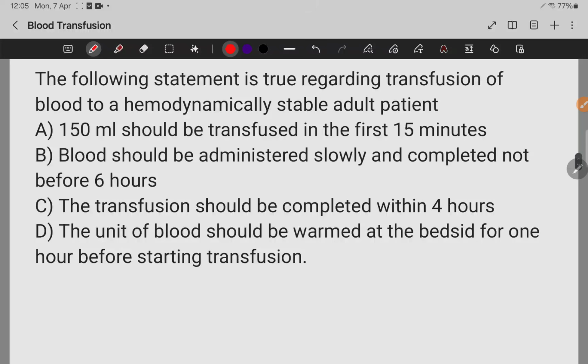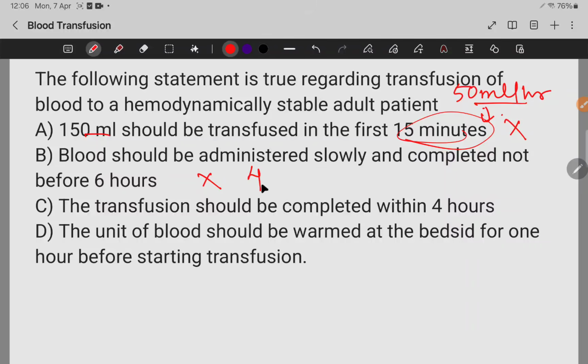The following statement is true regarding transfusion of blood to a hemodynamically stable adult patient. Which statement is true, they are asking. So 150 ml of blood should be transfused in the 15 minutes. Wrong. They are telling to transfuse 50 ml per hour at the first 15 minutes. Okay. Blood should be administered slowly and completed not before 6.